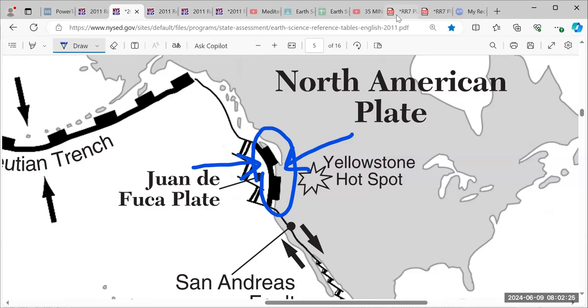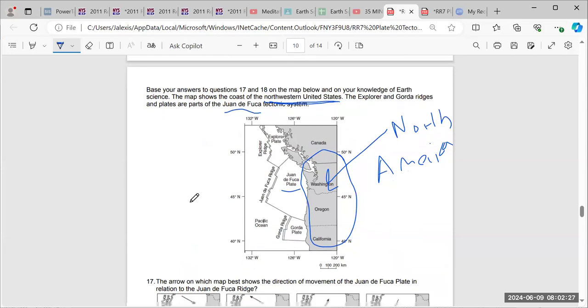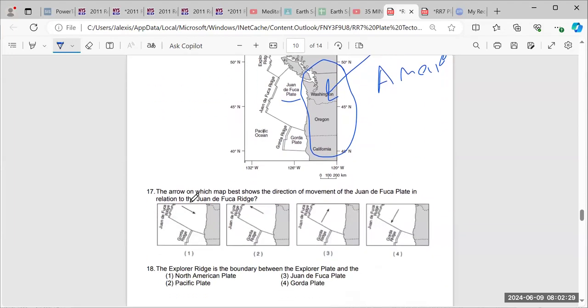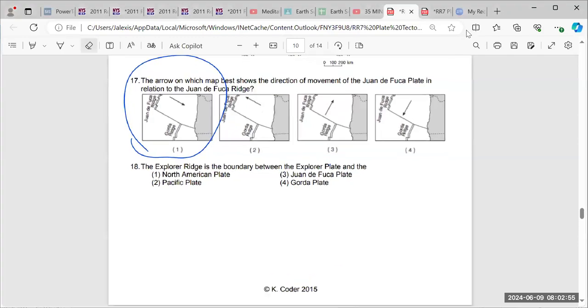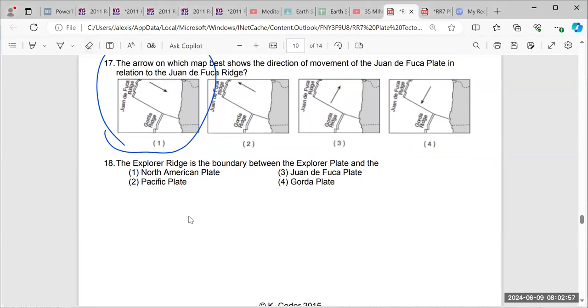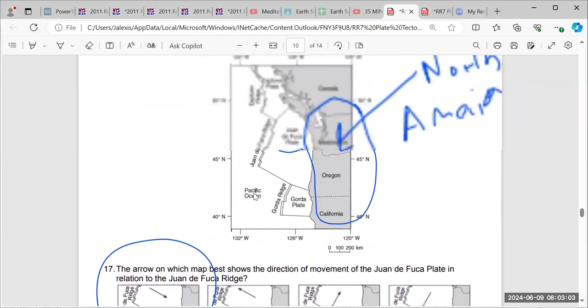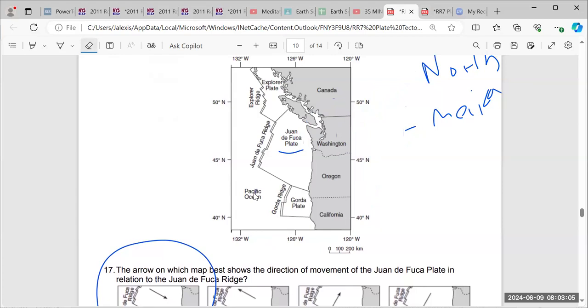So the one that shows the Juan de Fuca plate moving to the right is choice 1, because it represents a convergent plate boundary. All right, number 18 says the Explorer Ridge is the boundary between the Explorer Plate and the blank. Let's take a look at the Explorer Ridge.